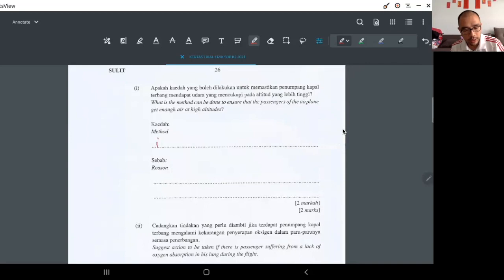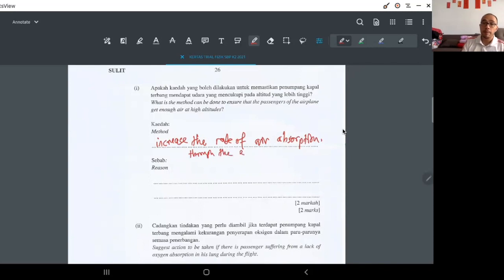So we increase the rate of air absorption through the engine.